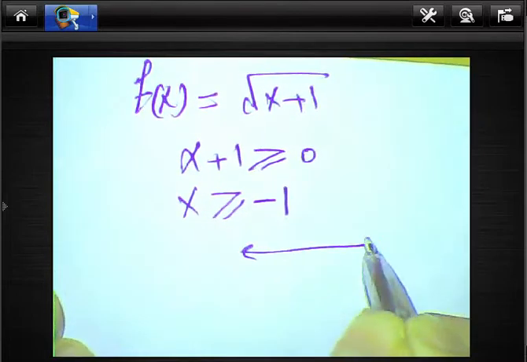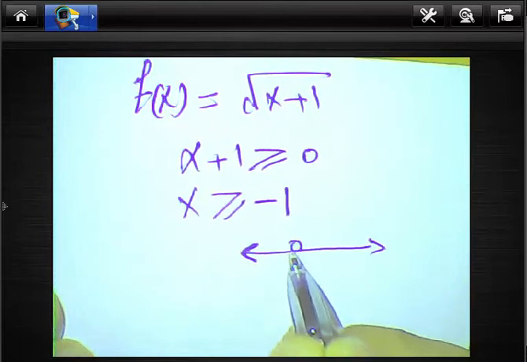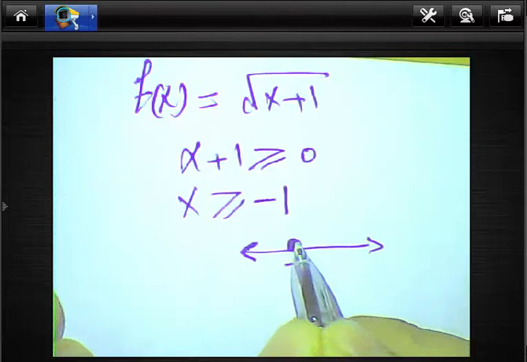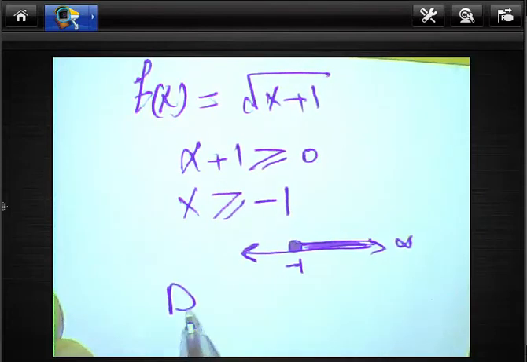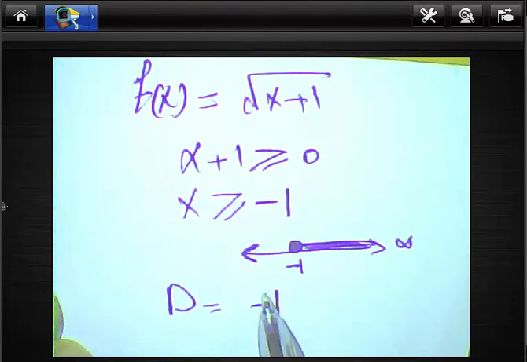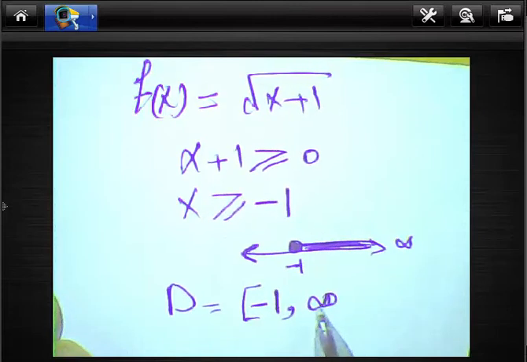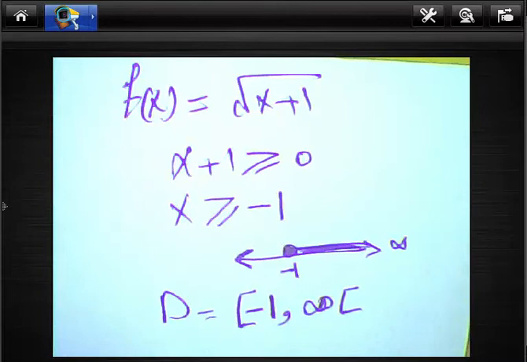If we do this on a number line, you can write here closed from -1 to positive infinity. So the domain will be the half-closed interval from -1 to infinity.